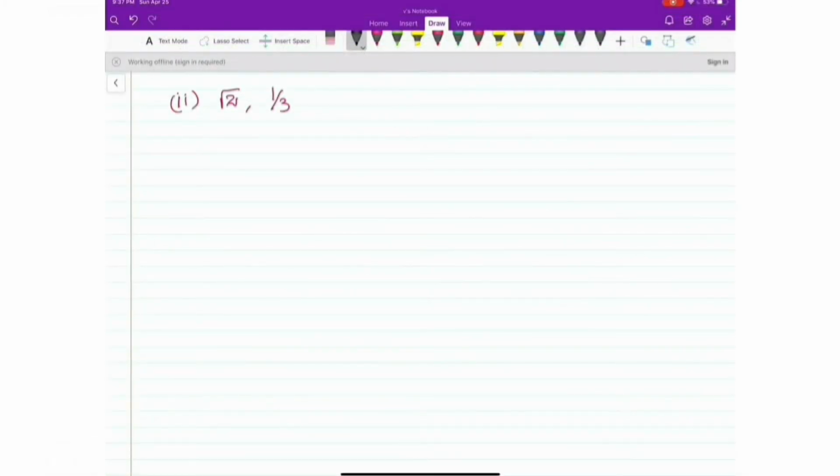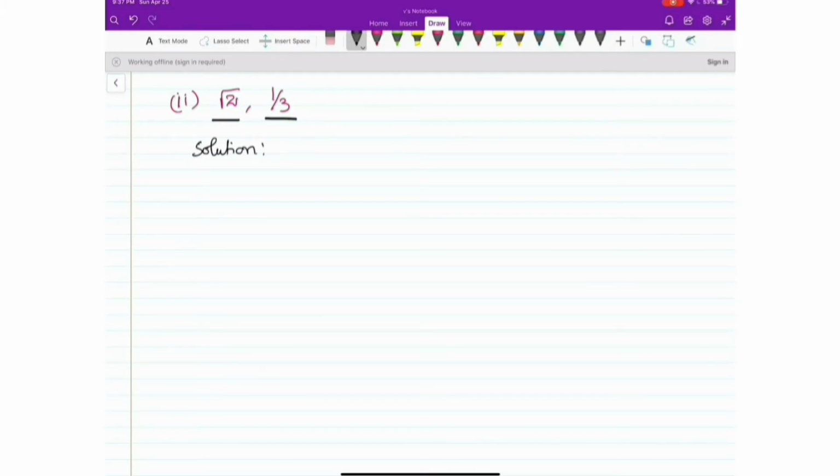Second subdivision. Here you have been given the sum of the zeros as root 2 and product of the zeros as 1 by 3. Using these conditions, you have to write the quadratic polynomial. So let us do it now. Solution.